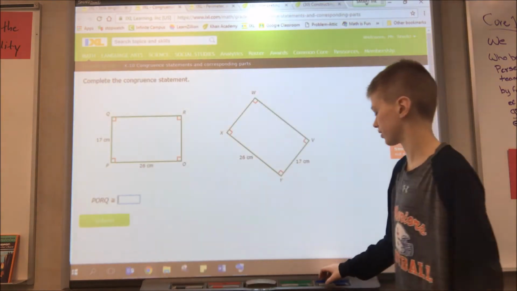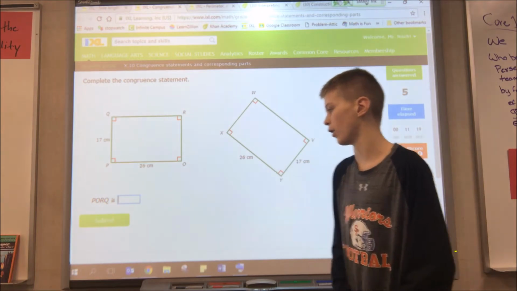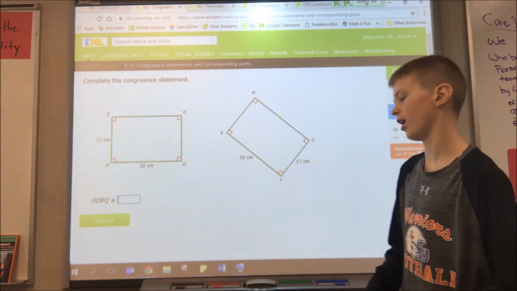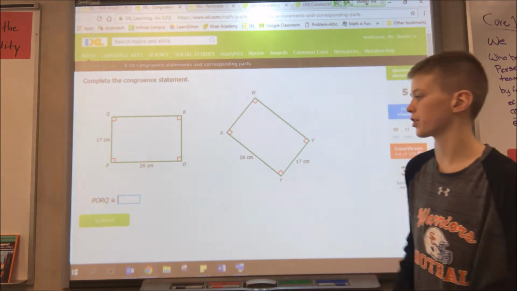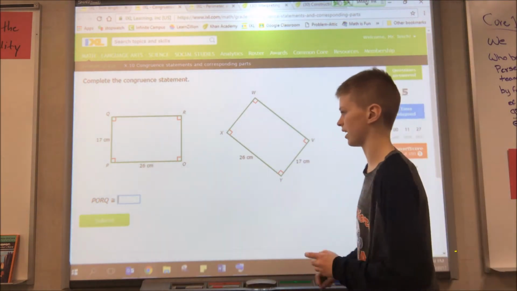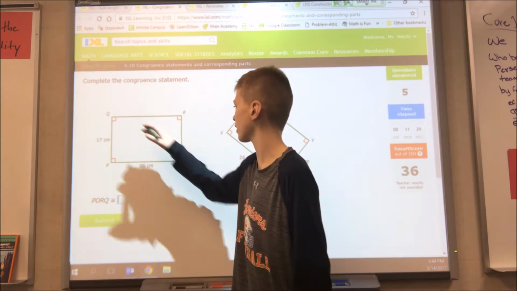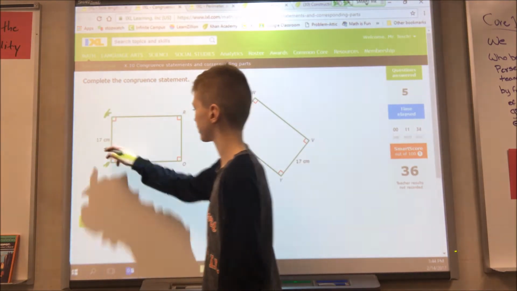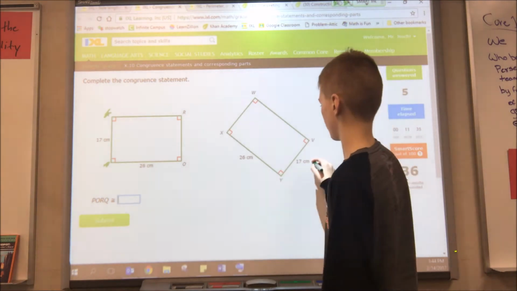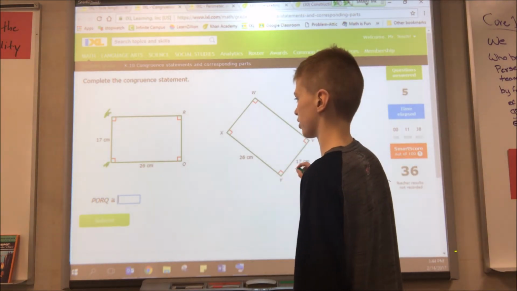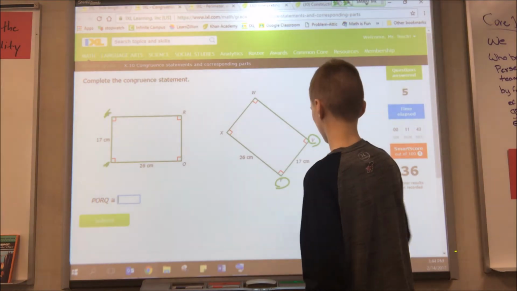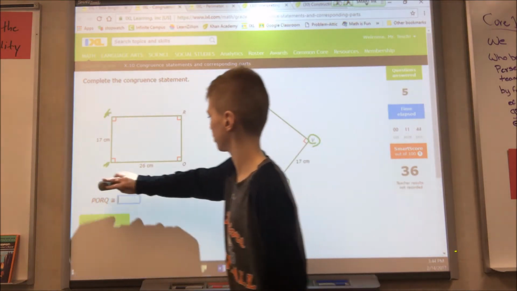Okay, so the shape PORQ is equal to something. So we have to figure out what it's equal to. So if we have P, they're all right angles, but P and Q have 17, and another angle here is Y and V, which are 17 distance apart.